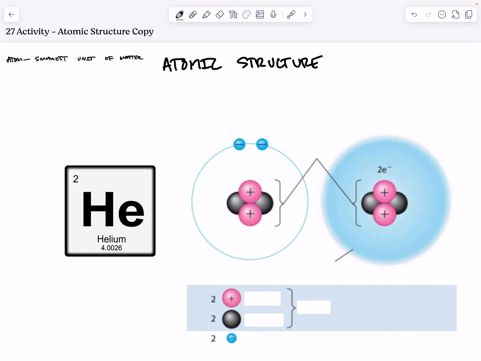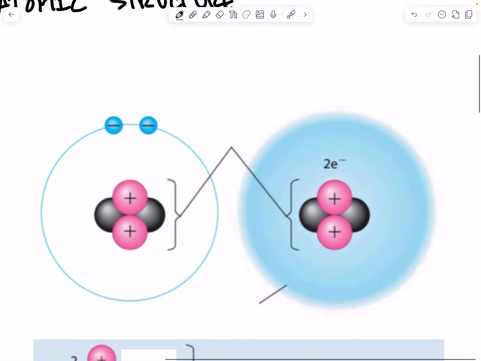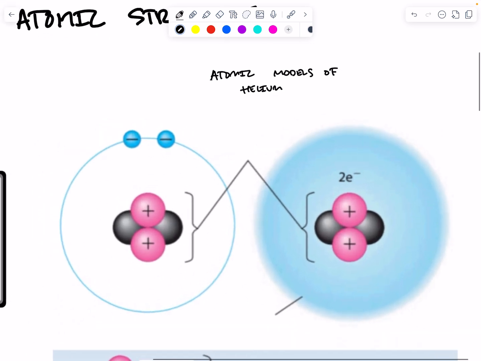And there are a bunch of different models of atoms. Two that you likely learned last year. So these are both atomic models of helium. Helium is an element.